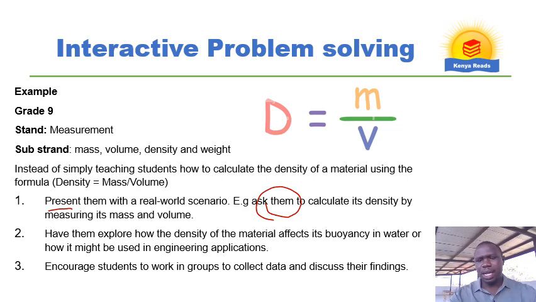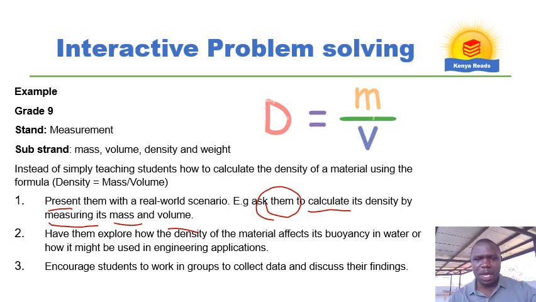So when they are calculating the density by measuring, it means they are doing. They might be doing it in groups, they might be doing it in pairs, and when they measure the mass, they are learning how this mass happens, or they can connect the measurement to a real world case.